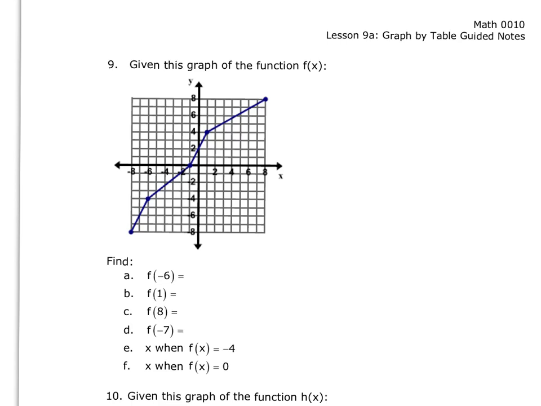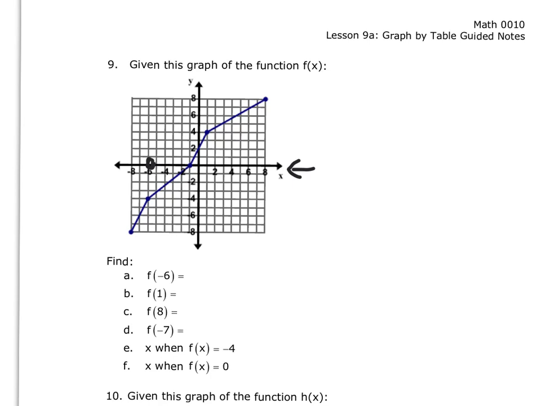When we look at the graph, we have to remember which is our x value and which is our y value. The x-axis goes left and right. So that means we want to find where the x value is -6. We will go -6 on the x-axis, which puts us here.